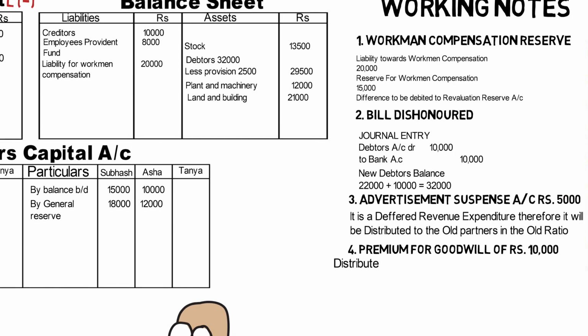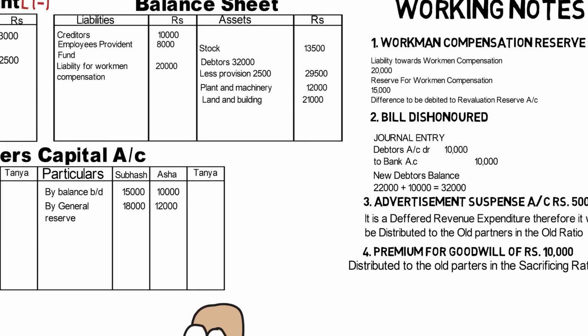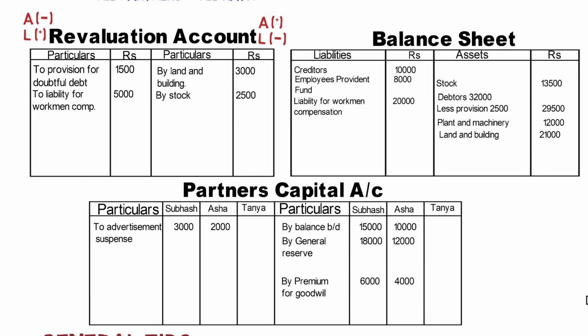Since no information regarding the new profit sharing ratio is given in the question, assume that the sacrificing ratio is the same as the old profit sharing ratio, that is 3:2. So divide Rs 10,000 in the ratio of 3:2, and this will be credited to the partners' capital accounts as premium for goodwill account.